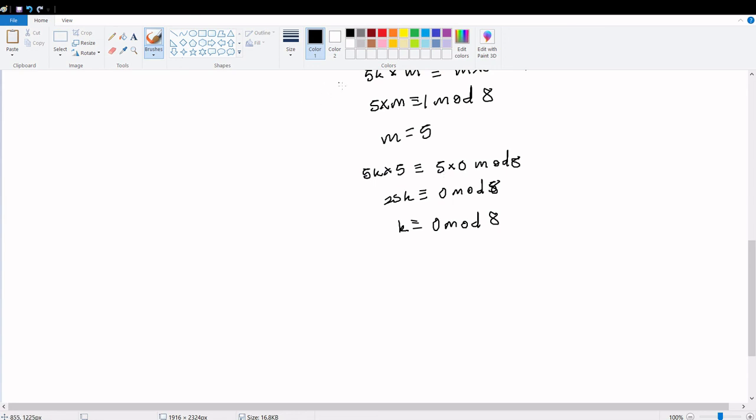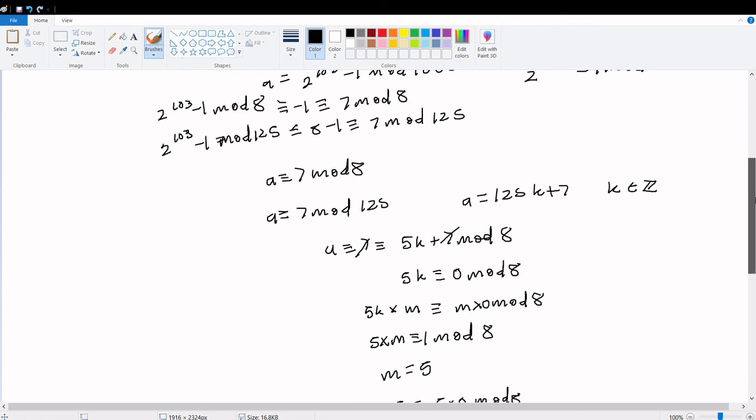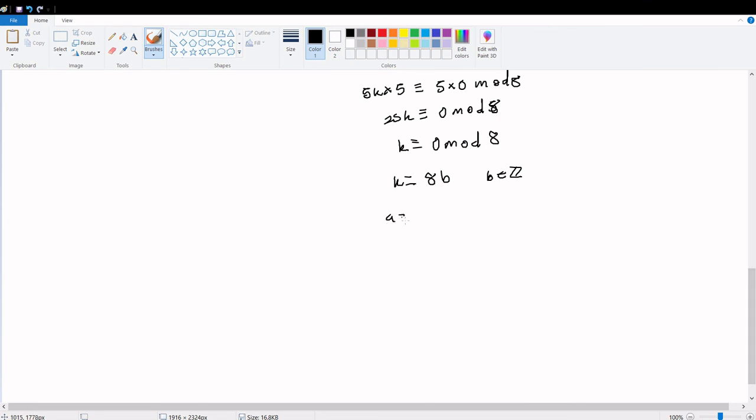It is worth noting that this m will not exist if, say, this 5 was a 6, if the coefficient in front of k was not relatively prime to 8, the modulus. So from here we can say that k is a multiple of 8, so it's some 8b, for some integer b. And what have we found earlier? We found that A is equal to 125 times k plus 7.